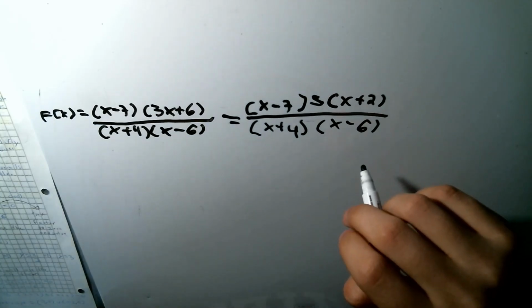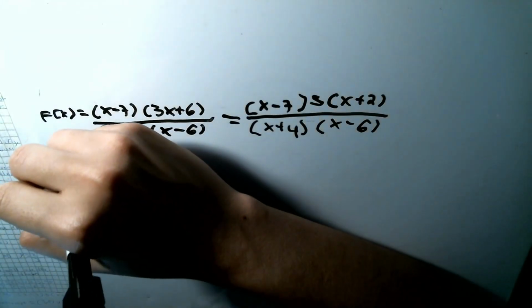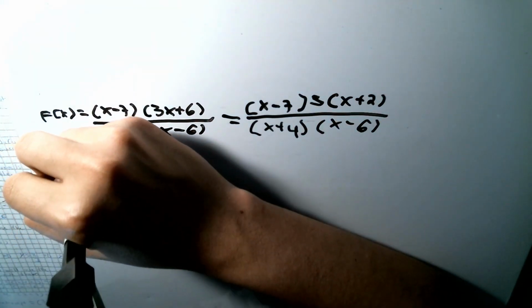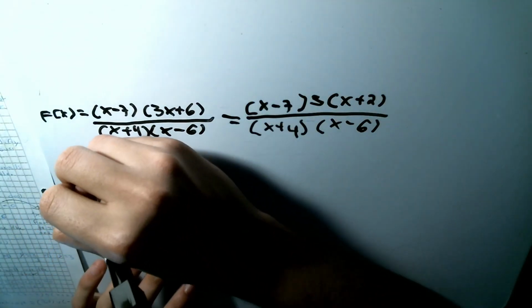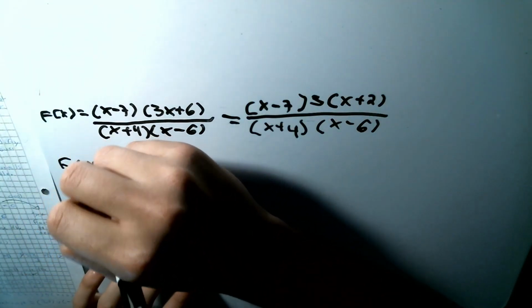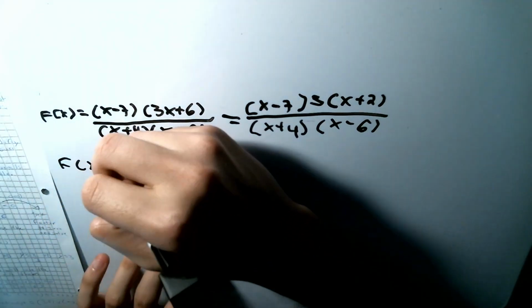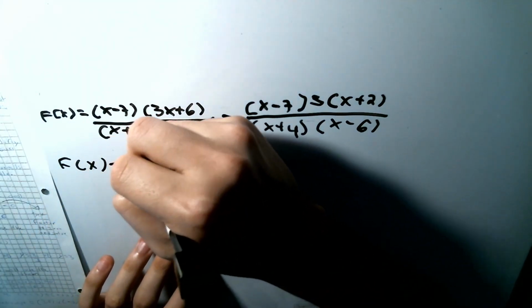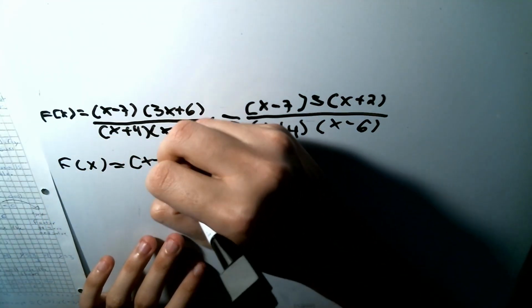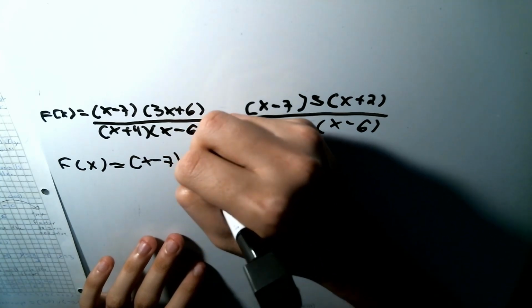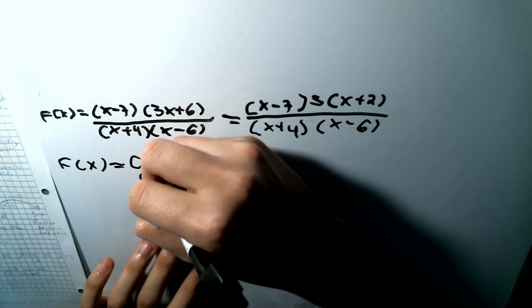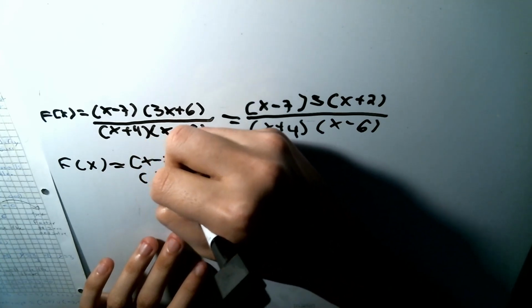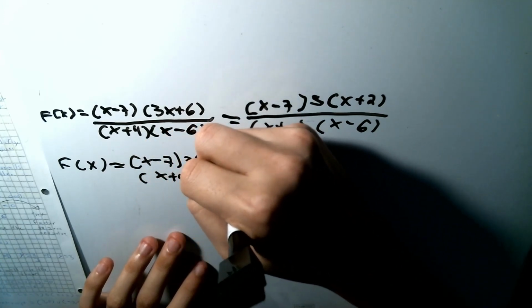So f of x is x minus 7 times 3x plus 2, over x plus 4 times x minus 6.